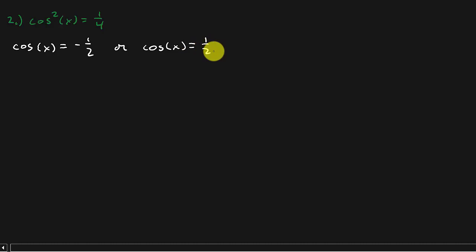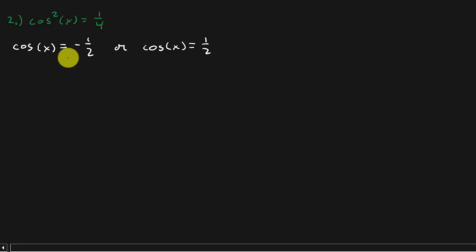Now don't try to do everything at one time when you're solving these. Just solve each one of them individually. So right now, let's just pretend like cosine x equals 1/2 is not even there. Just look at cosine x equals negative 1/2.